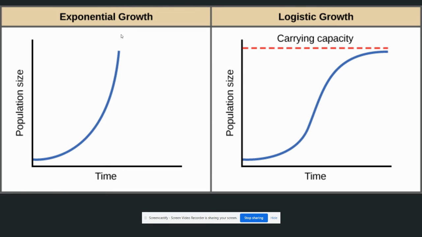But that's not true. Logistic growth: we have growth right here, grow, grow, grow, grow. Population size increasing. Oh, it begins to slow down. Limiting factors, disease, predators, space, water, food, resources limit our growth, and we hover around a certain maximum value, which is our carrying capacity.